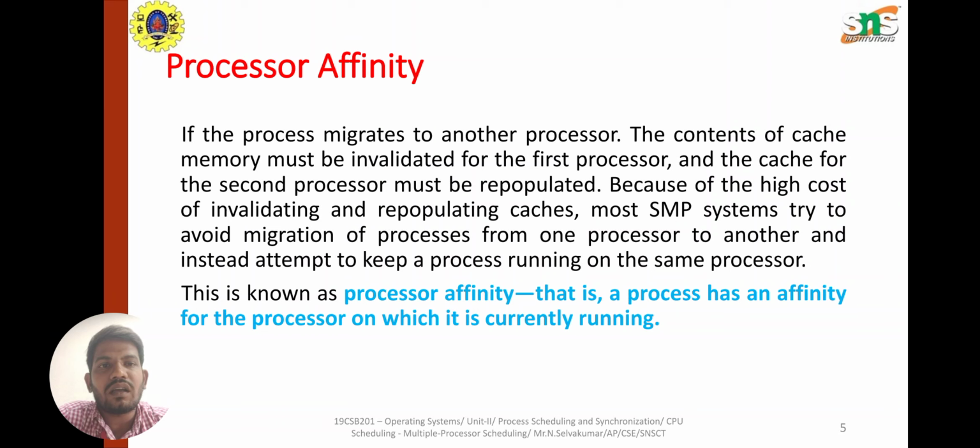Because of the high cost of invalidating and repopulating caches, most SMP systems try to avoid migration of processes from one processor to another and instead attempt to keep a process running on the same processor. This is known as processor affinity, that is, a process has an affinity for the processor on which it is currently running.